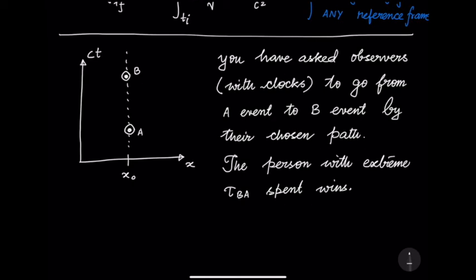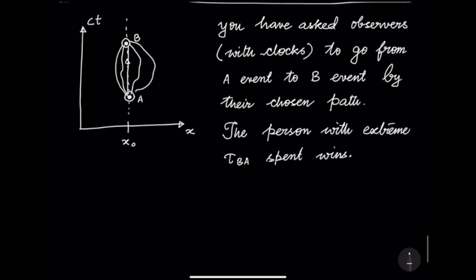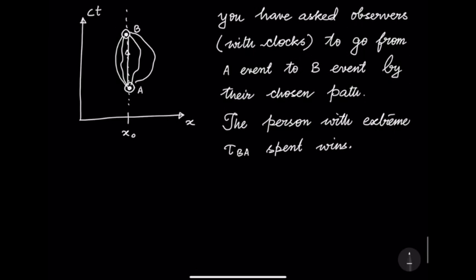So what can be the trajectory? They say this or this or that. There can be many, even there can be one which is just going that way. That is the trajectory of a person who doesn't move. He stays there all the time. We know how to calculate the proper time of all of these particles, all of these observers.